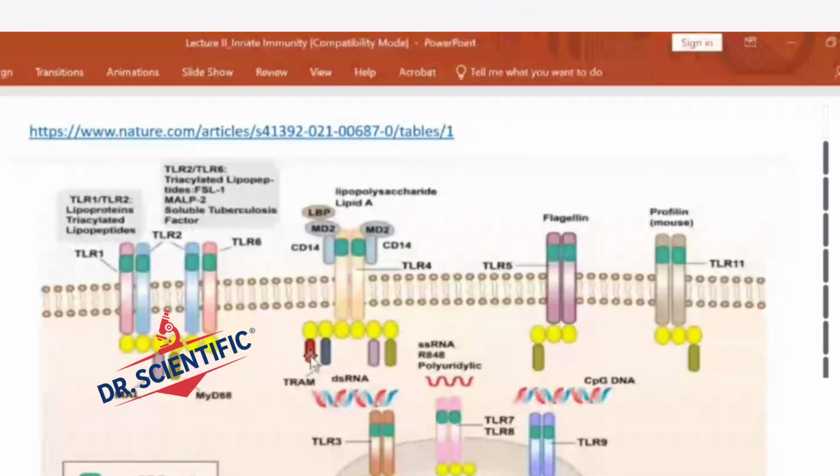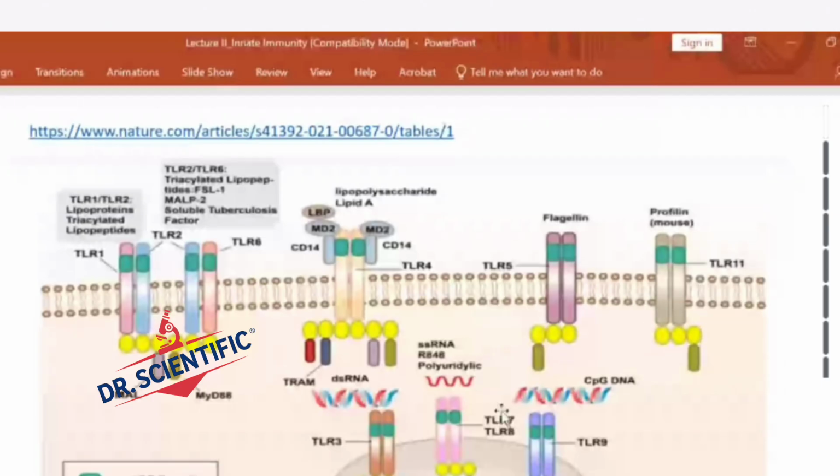Now, this is a neutrophil, and it has toll-like receptors of different types. We have 1, we have 2, 3 here, 4, 5, 6.